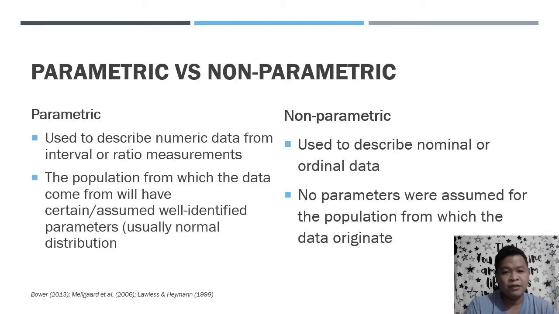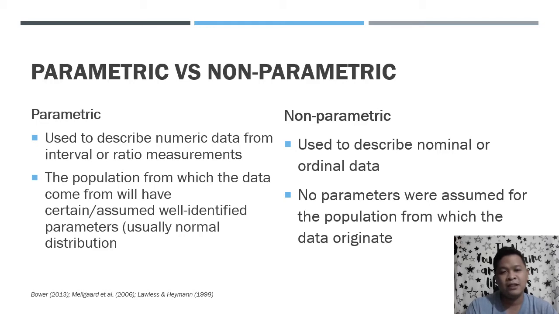So before we've looked at the parametric and non-parametric. Again, when you have parametric tests or data, these usually refer to those in the interval or ratio measurement. And one of the main assumptions we have is that there is a normal distribution.